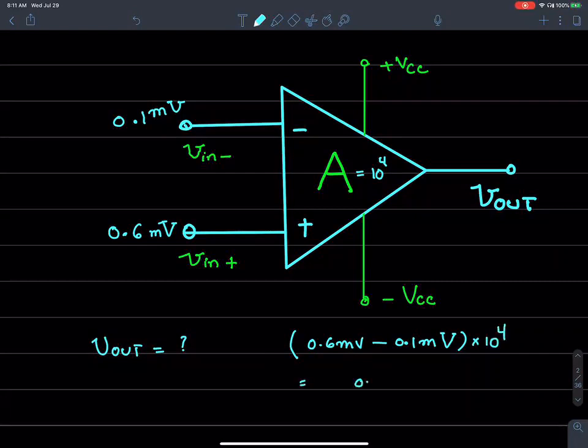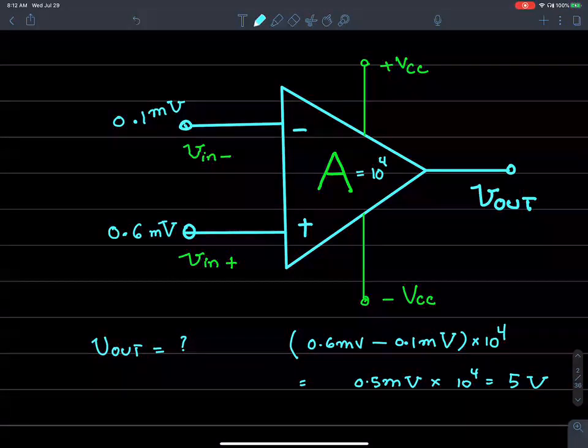Okay, 0.5 millivolts times 10 to the 4, which is 5 millivolts. Sorry, 5 volts. Okay, so 5 volts.